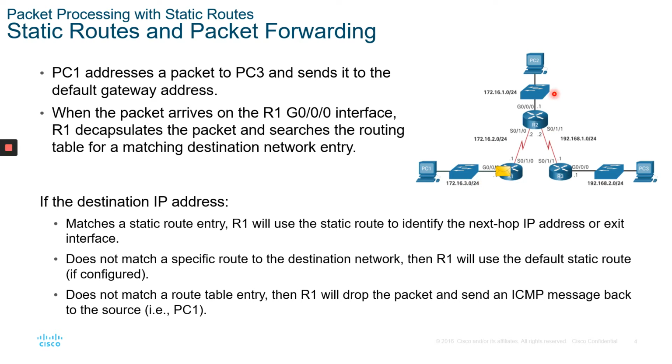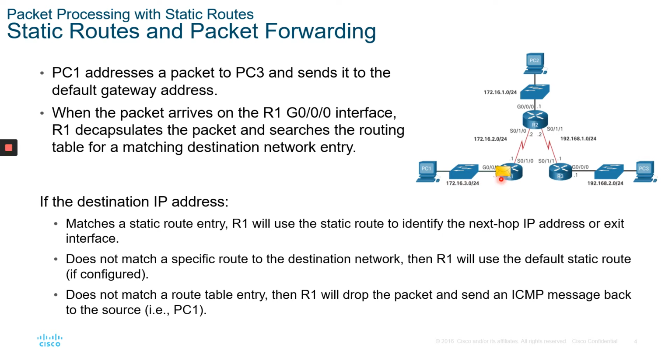And on the other side you've got the networks starting with 192.168.10 and 192.168.20. You've got three PCs: PC1 connected to the 16.3.0 network, PC2 connected to the 1.0 network, and finally PC3 connected to the 192.168.20 network.